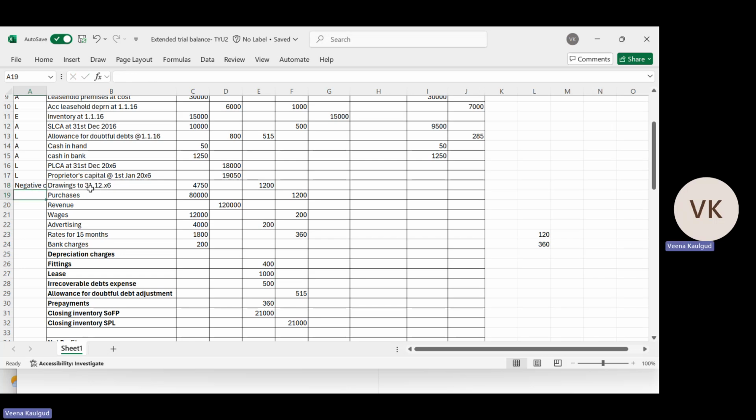So drawings again has to go on the, sorry, let us look at the PLCA now. PLCA, there are no adjustments, so directly on the SOFP, statement of financial position. Then proprietor's capital, again, is 19,050.